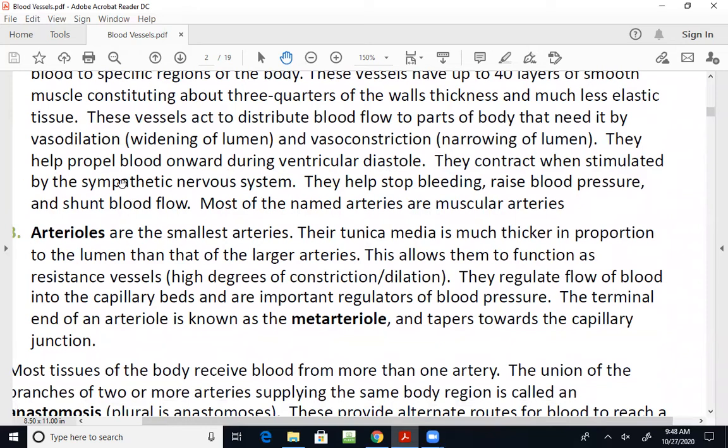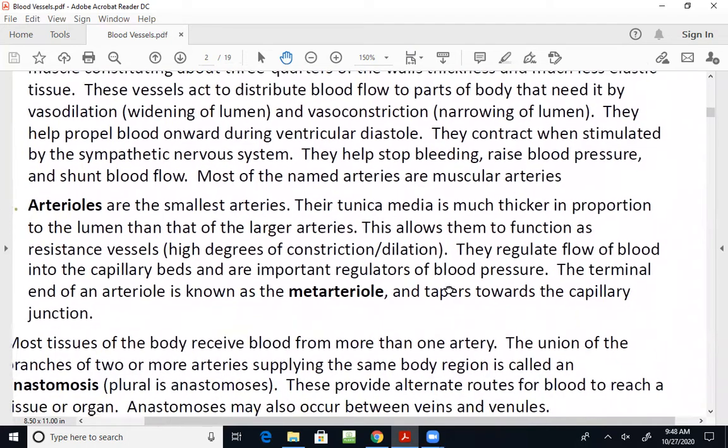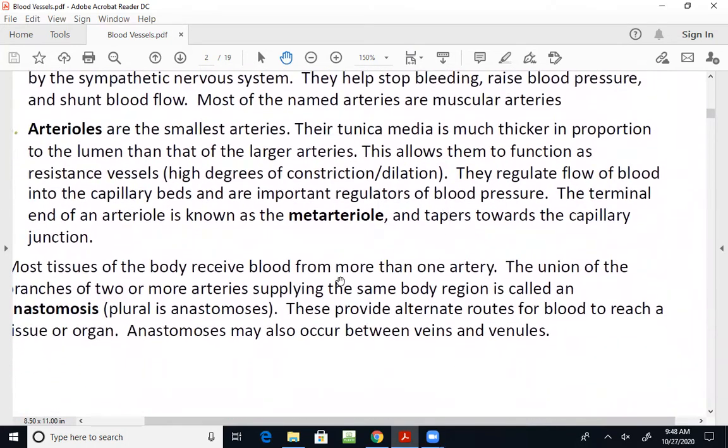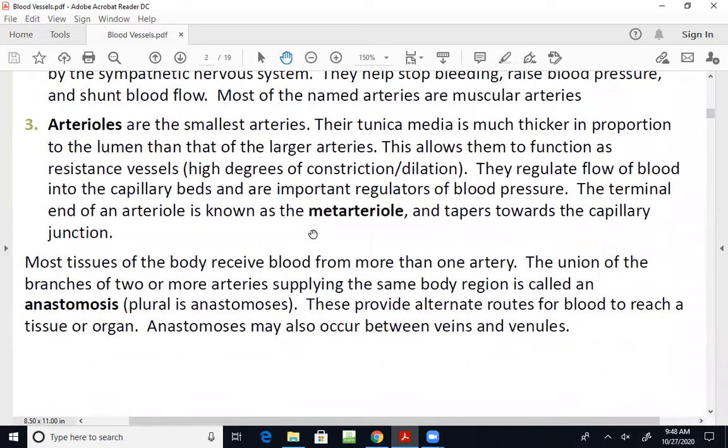They contract when stimulated by our sympathetic nervous system. Other things they do is help stop bleeding, raise blood pressure, and shunt blood flow. As I mentioned, most of the arteries that we are going to look at today that have names are this type.